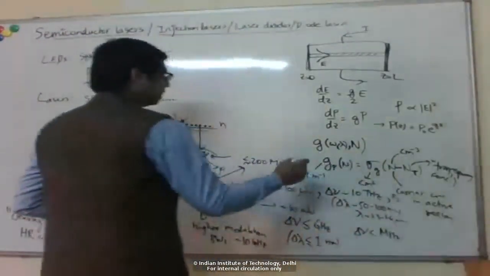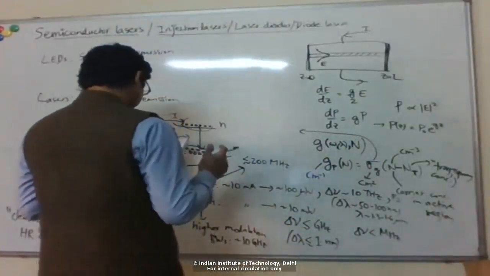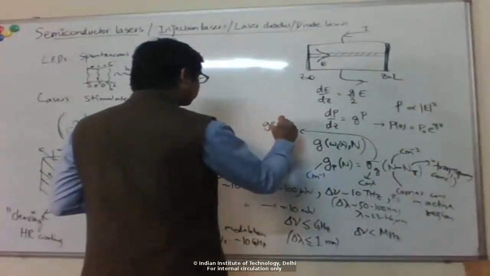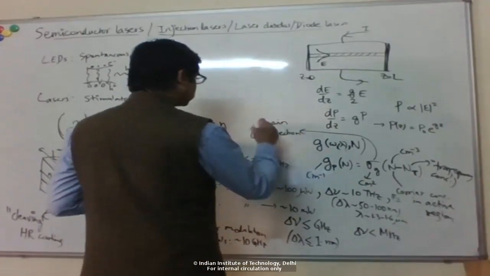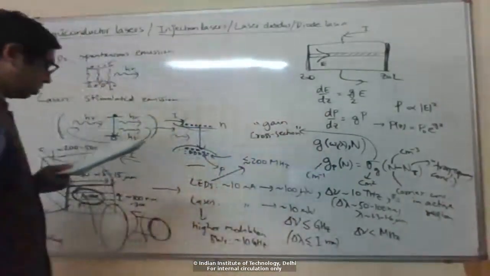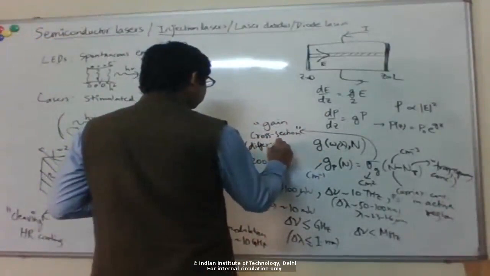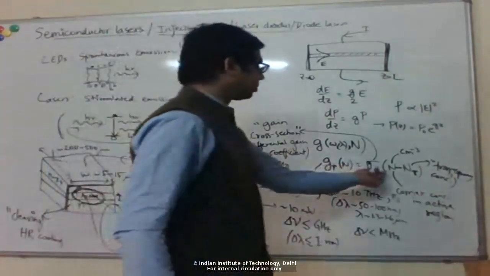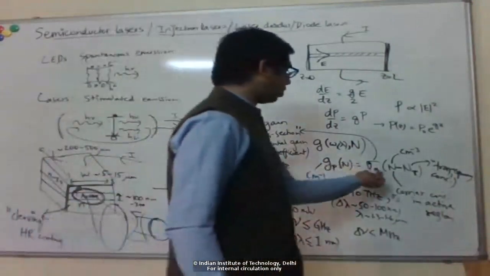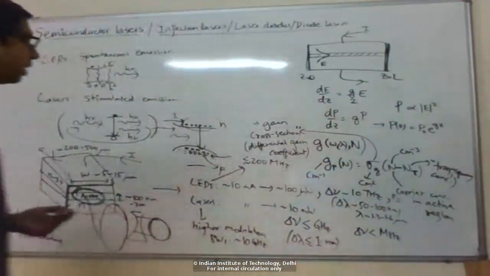This sigma G is known as the gain cross section because it has units of cross sectional area, or sometimes also the differential gain coefficient. That's also a material property. Of course, you want a high value of sigma G so that you get larger gain for the same carrier concentration.